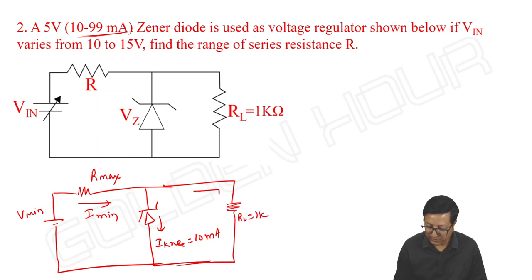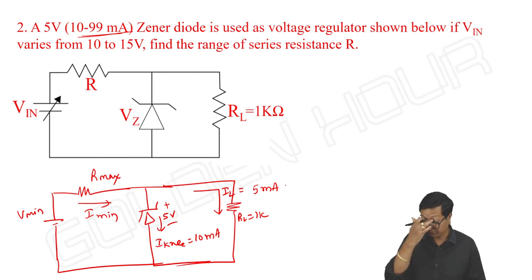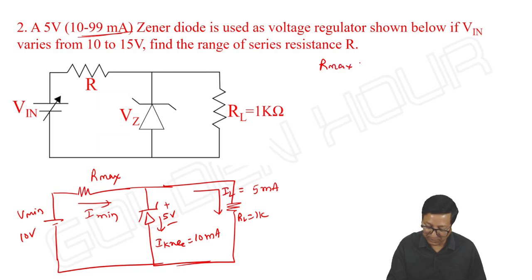RL is equal to 1K. If that is the case, IL is equal to 5 volts by 1K, so it is 5 milliampere. Okay. So V minimum is 10 volts. So what about R maximum?